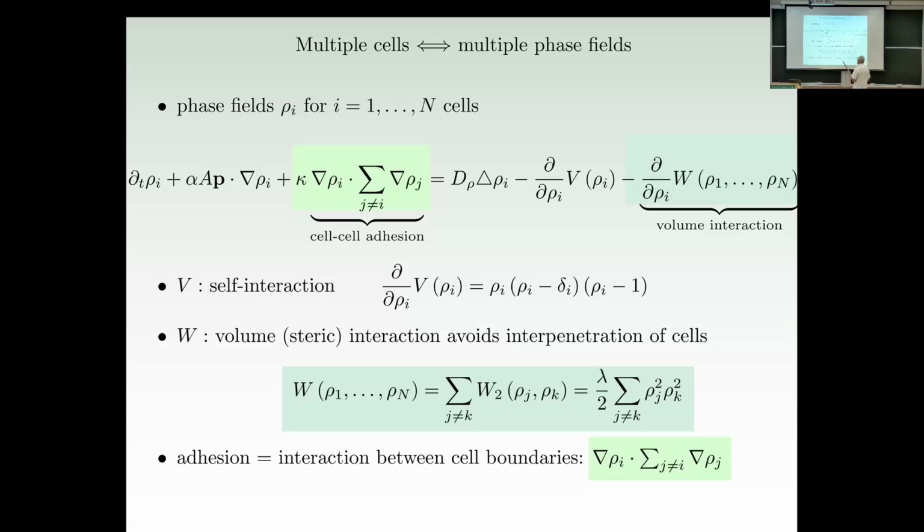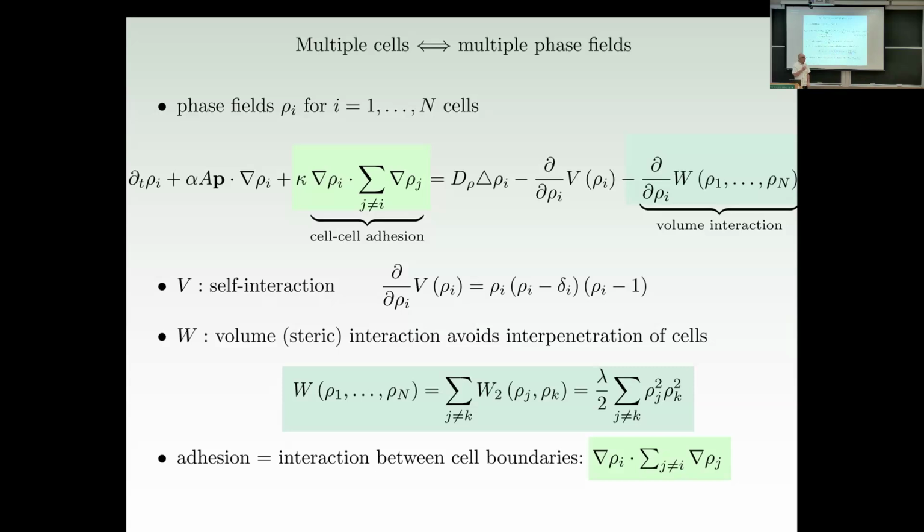This is described by this term. Basically, if you have a neighboring cell, it creates a gradient of the other parameter, which forces this cell to drift towards it. So this is short-range attraction.